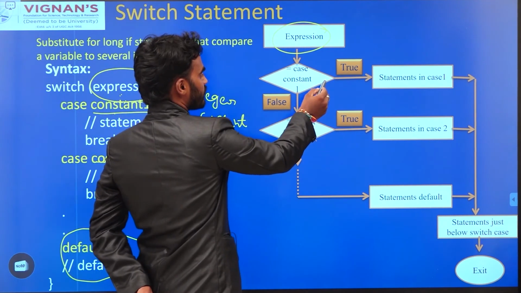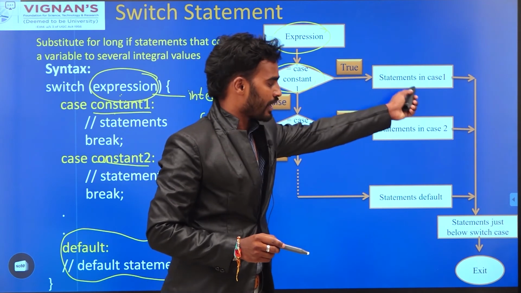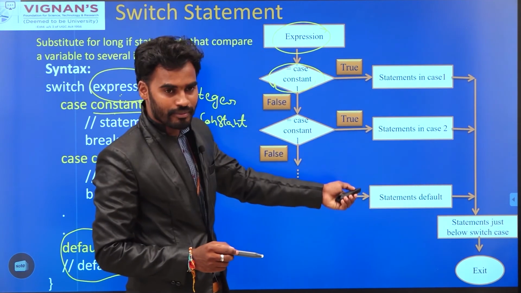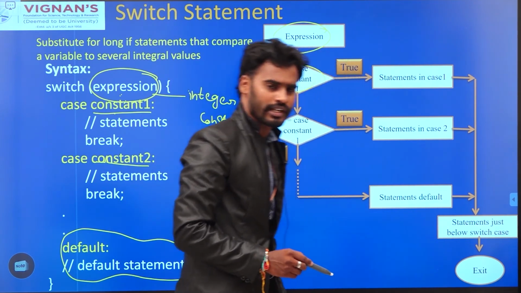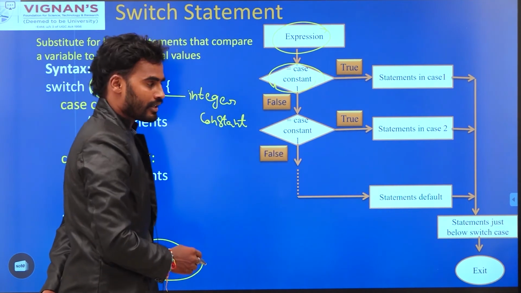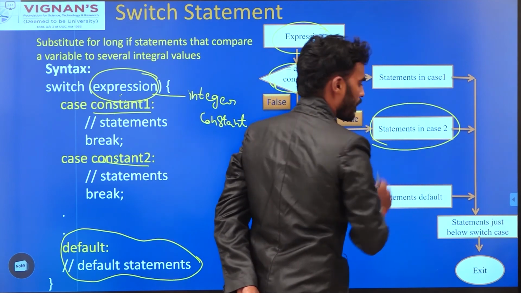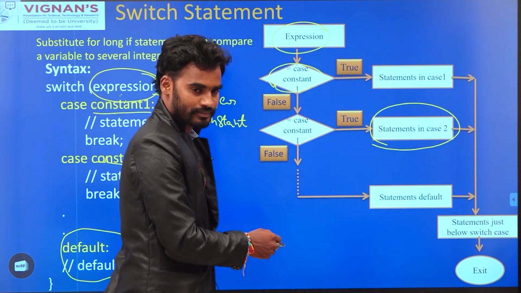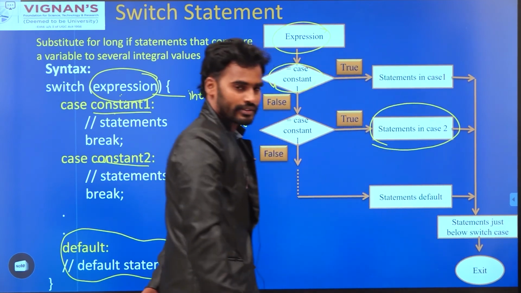If it matches label 1, then the statement in case 1 will be executed and the remaining statements will be skipped. After that, the statement just below this switch case will be executed. If it matches the second label, then the statements under the second label will be executed and the remaining statements will be skipped. Then the statement just below the switch case will be executed.